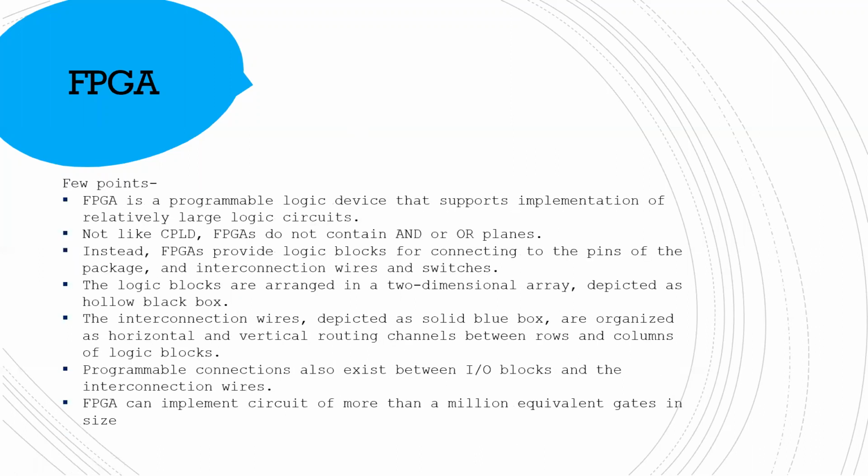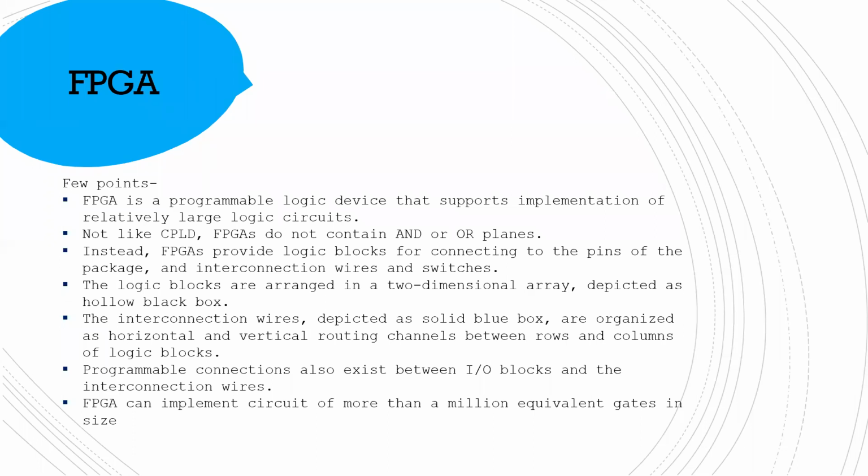Now, FPGA is a programmable logic device that supports implementation of relatively large logic circuits. Unlike CPLD, FPGA does not contain AND or OR planes. Like PLA, PLD, CPLD, FPGA does not contain AND or OR planes. FPGA does not have AND gates or OR gates.